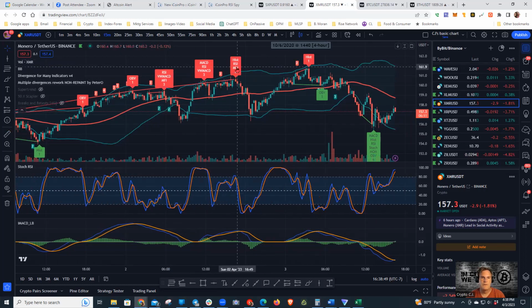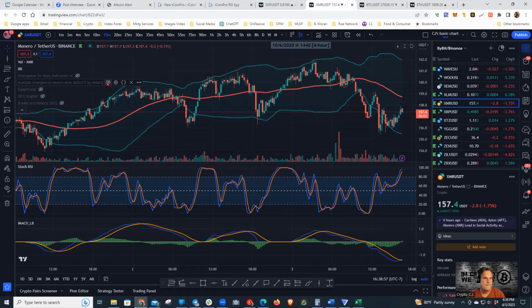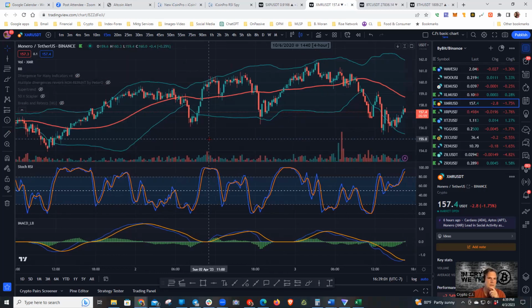The short triggers were better than the long ones on this one. And then on stochastic, this would have caught this big move, as with this one. This one here would have been kind of a wild ride. You get the idea.